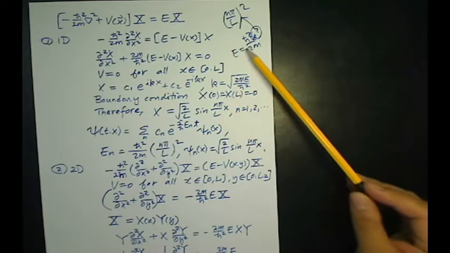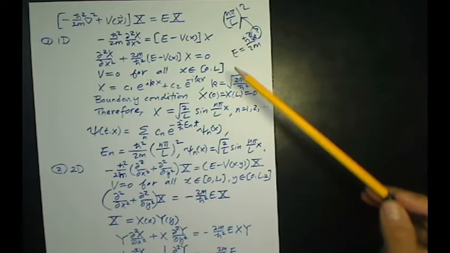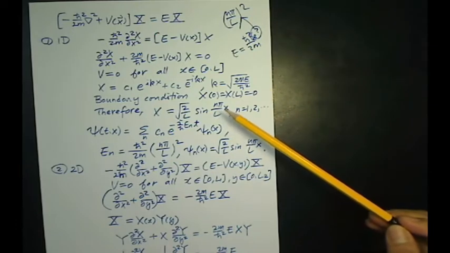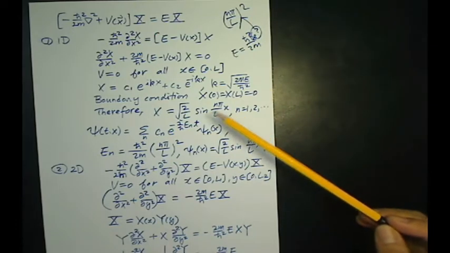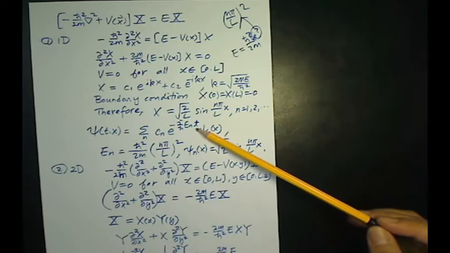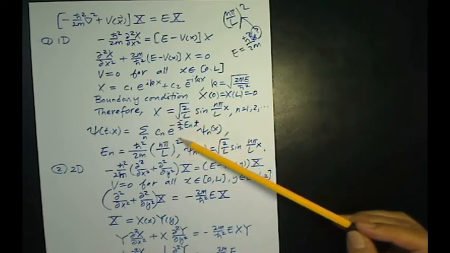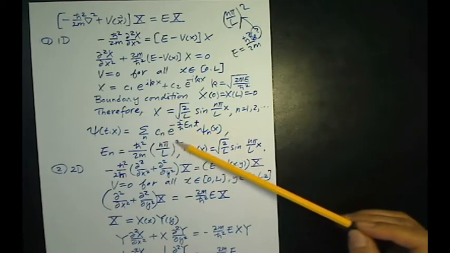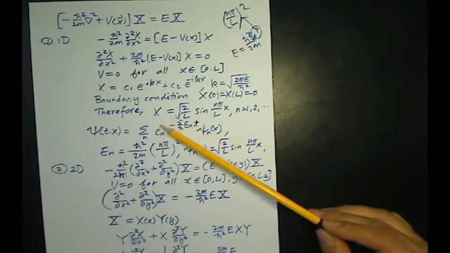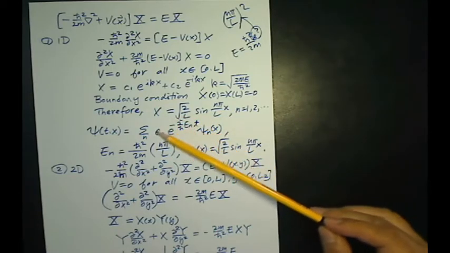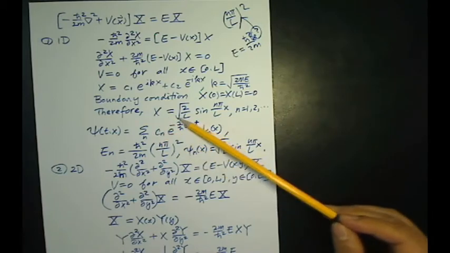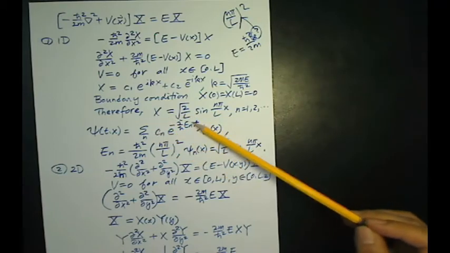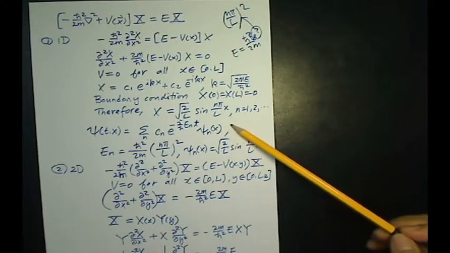That can be substituted to find the energy of this particle. Once the energy of the particle is determined, the time oscillating factor is determined. And here, this Cn times the exponential time-dependent factor is analogous to the normal coordinate. And this is the eigenfunction, right?